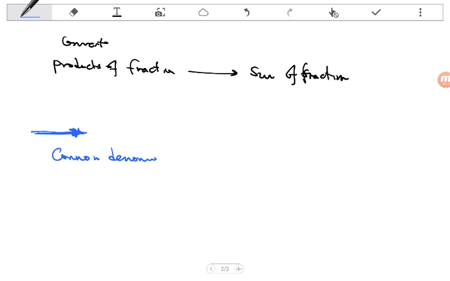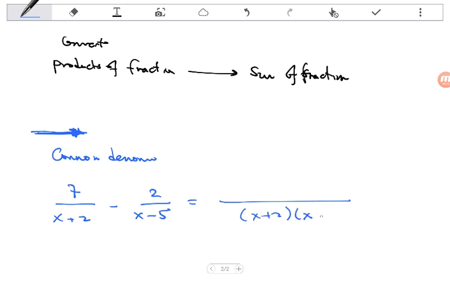What was this? If I had an expression like this, 7 over x plus 2 minus 2 over x minus 5, can I make this as a common denominator? Yes, how? It will be like this: x plus 2 multiplied by x minus 5.